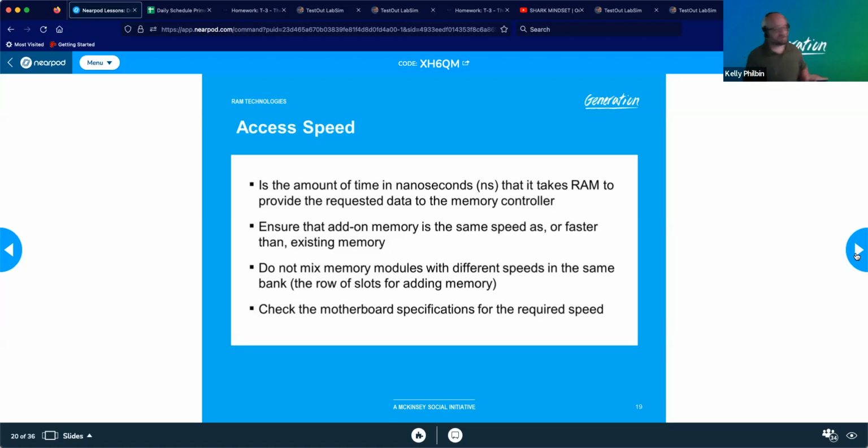If it's in the same channel or memory bank, try to make sure it's identical, and you don't mix and match modules in the same banks. And then to understand what your motherboard can handle, double check the specifications for your motherboard. Mileage may vary.